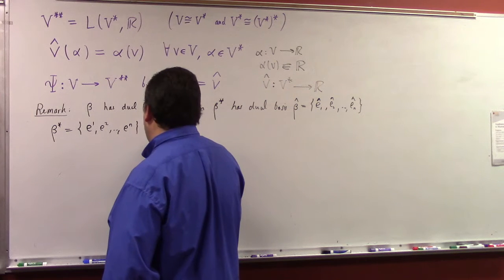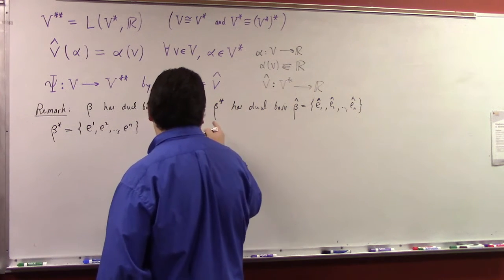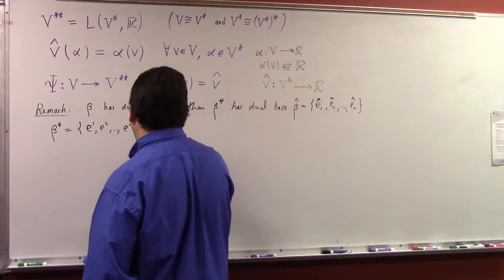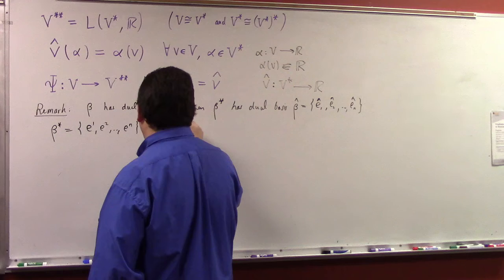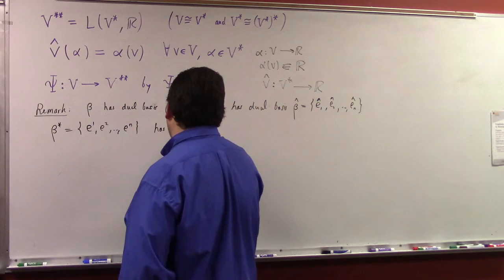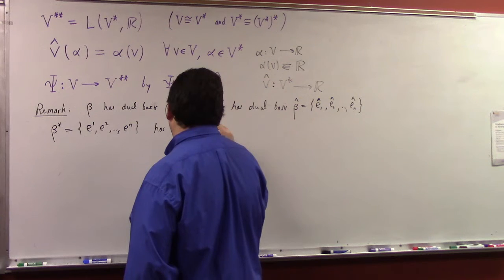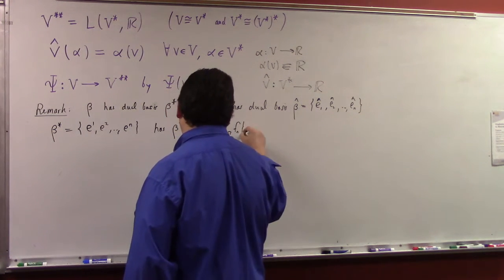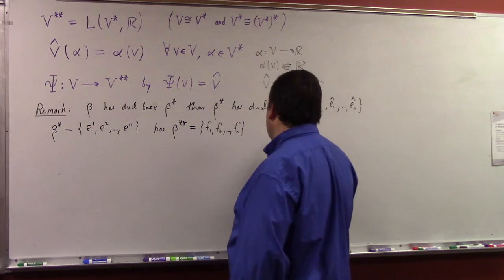But anyway, the point is, let me just introduce a temporary notation. Beta, the dual of the dual basis. Let's suppose that that's got f1, f2, fn, right? What defines these?